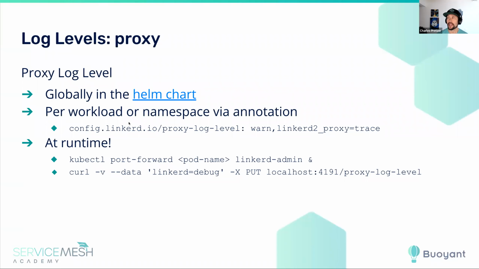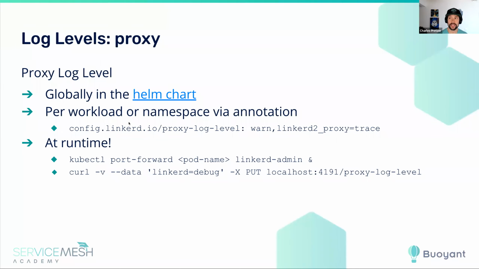So one of the really neat things, one of my favorite things about the Linkerd proxy, is that you can actually configure this at runtime. We're not going to do this today, but the Linkerd proxy has a configuration endpoint, the Linkerd admin endpoint, and when you port-forward to that port, you can send a PUT request that uses the same Rust syntax for setting log levels.